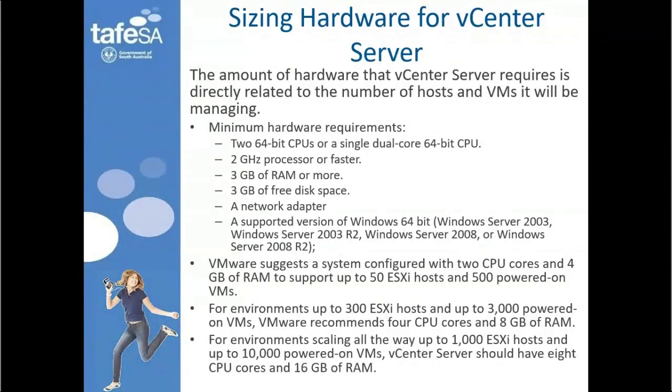For environments where you are up to 300 ESX hosts and 3,000 powered on virtual machines, VMware recommends 4 CPU cores, 8 gigs of RAM, and for environments stepping up all the way to 1,000 ESX hosts, 10,000 powered on VMs, 16 gigs of RAM. You're probably going, oh, that's not really that much RAM.